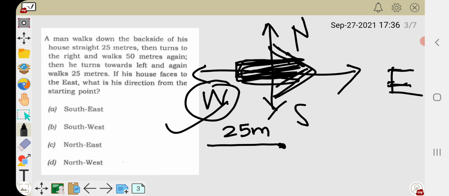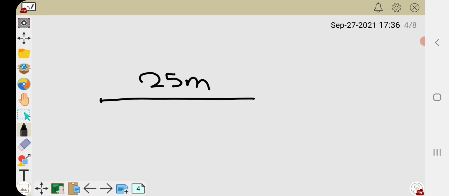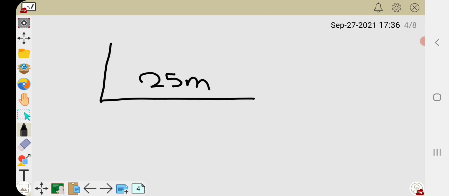Then he turns to right and walks 25 meters. Then he turns to right and walks 50 meters again.